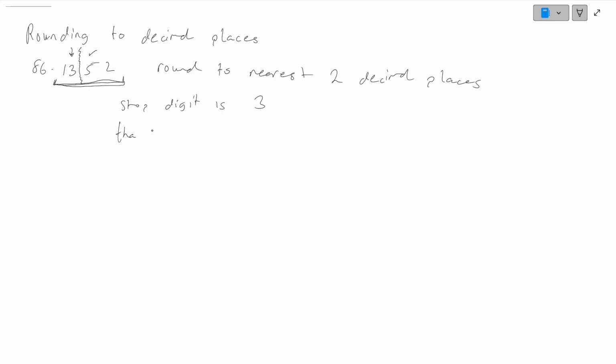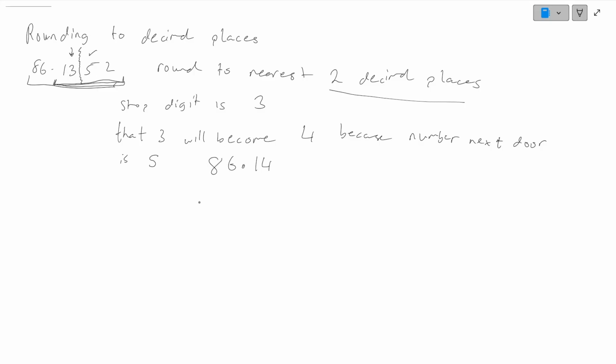Therefore, that 3 will become 4 because the number next door is 5. And therefore, if I'm told to round this number to 2 decimal places, what I will get is 86.14.